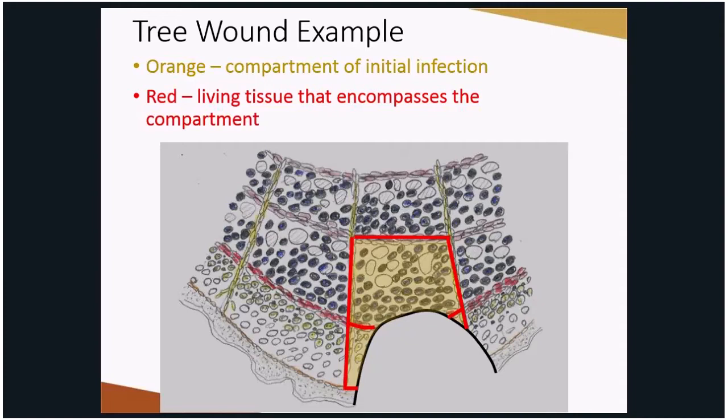Right away we can see with the red right here that living tissue is encompassing the compartments that have been impacted. This compartment was breached right there, so there's living cells surrounding it. Here's a little bit of the same compartment that was wounded when this wound happened. And all of this is encased by living cells that can actually react and do something.